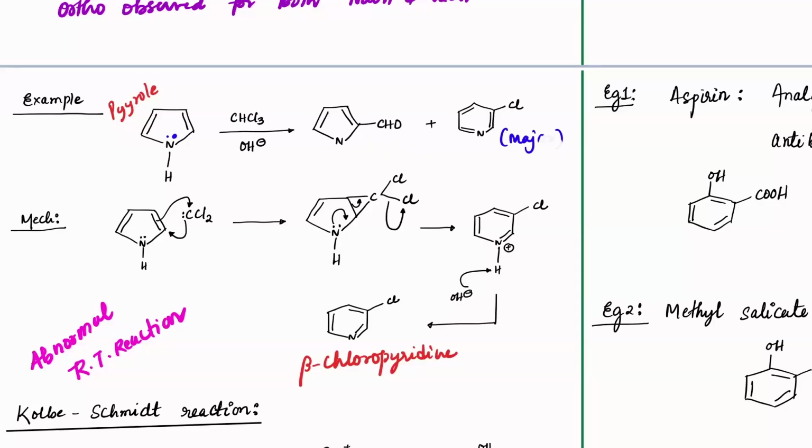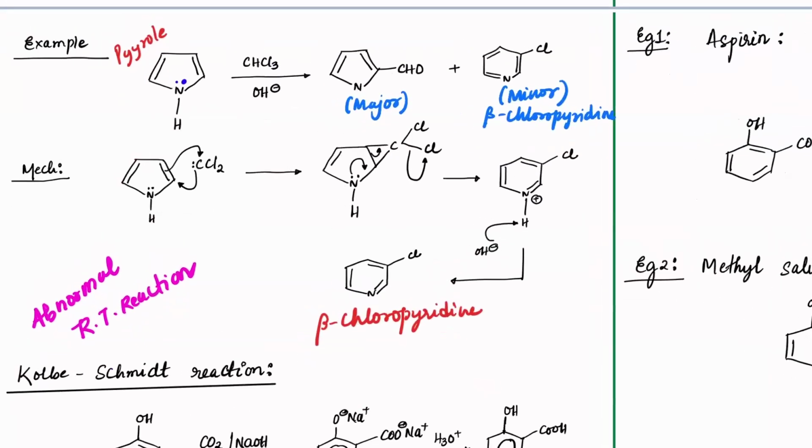This one is the major product, this one is the minor product. Okay. It has been found that the regular Reimer-Tiemann product is the major product, while there is one more product which is coming as minor. Now this time it is beta chloropyridine.